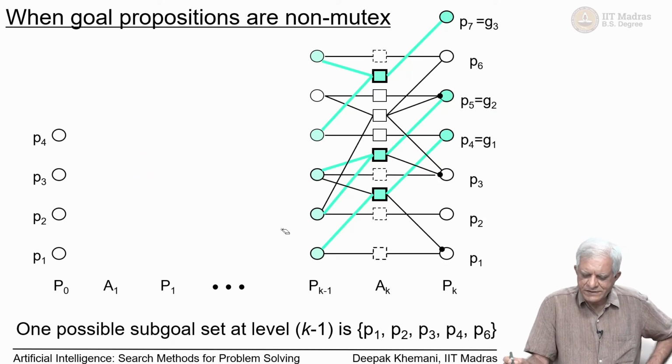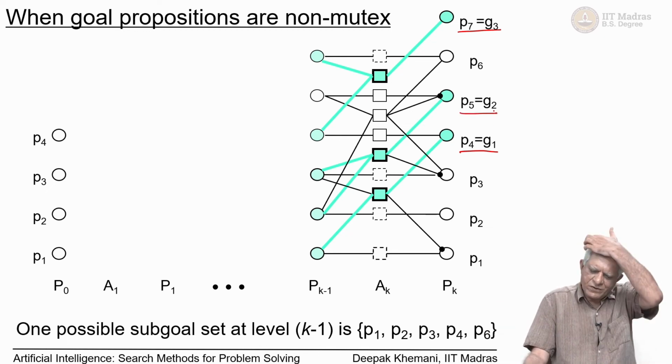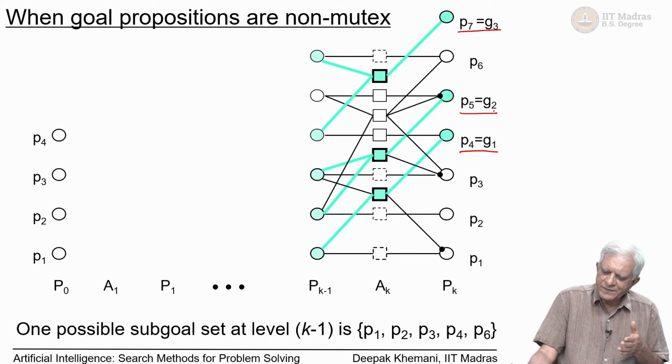So, let us imagine that P7 is one of the goal propositions, P4 is one of the goal propositions and P5 is one of the goal propositions. So, let us say there were 3 goal propositions G1, G2, G3, and they can be identified as P4, P5, P7. Then we start searching backwards.